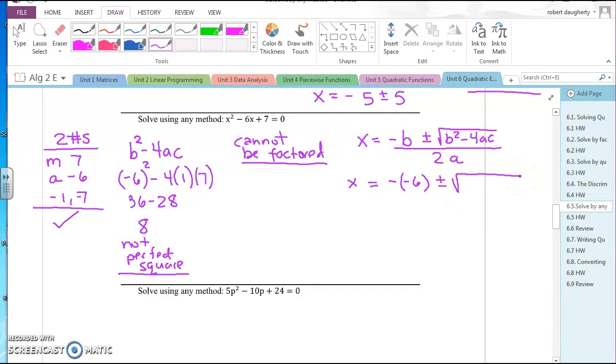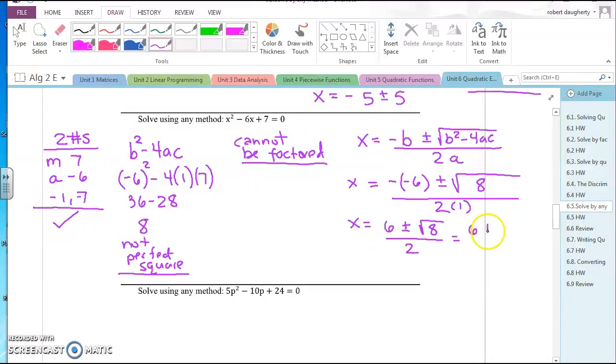We already calculated that. That is 8. Okay, so we've simplified that a little bit over 2a, and a in this case is 1. So this is x equals 6 plus or minus the square root of 8, all of that over 2.